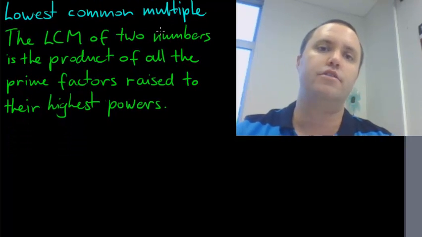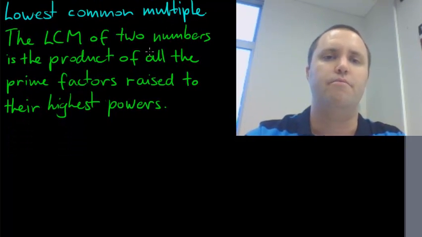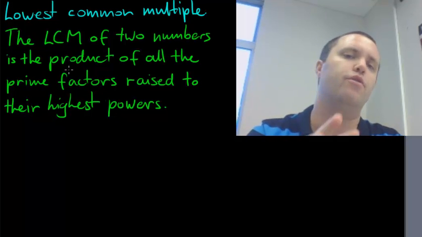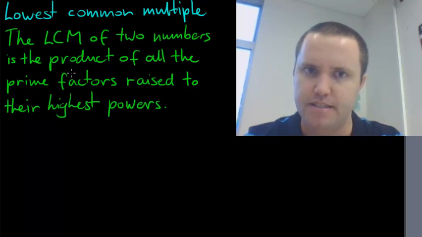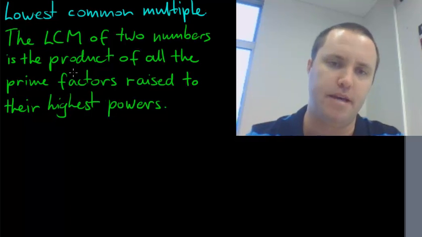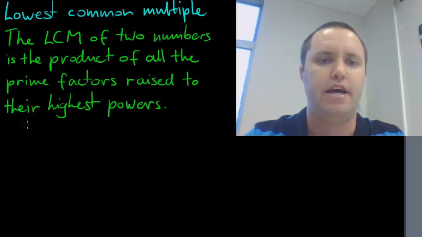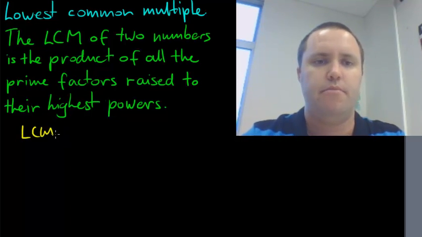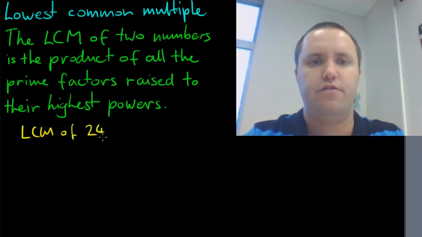Okay, lowest common multiple. The lowest common multiple of two numbers is the product of all the prime factors raised to their highest powers. So let's have a look at our LCM of 24 and 36.